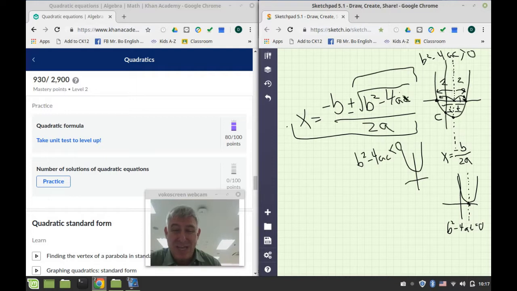So that means that by looking at this part here, which is called the discriminant, this part right in here, not including the radical, not including the square root, if we look at the discriminant, we can tell if there are two solutions, or one solution, or zero solutions. Okay? And that's what we're going to do today.